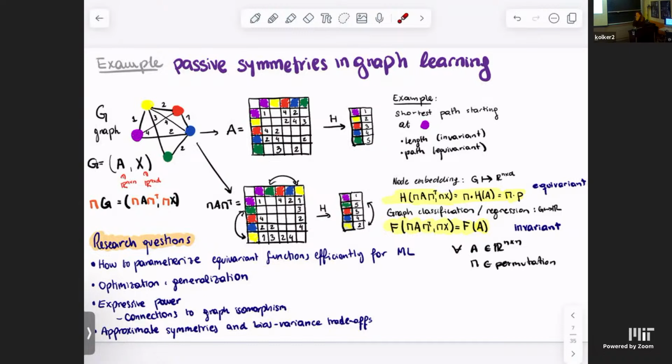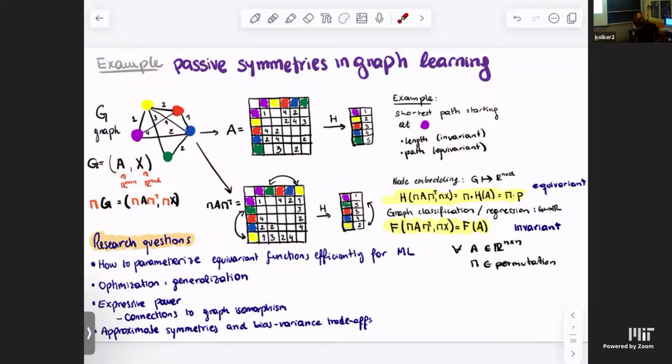Typically, what people do is they learn an embedding for every node in a d-dimensional space. You take your input, which is the graph written as adjacency matrix and node features.